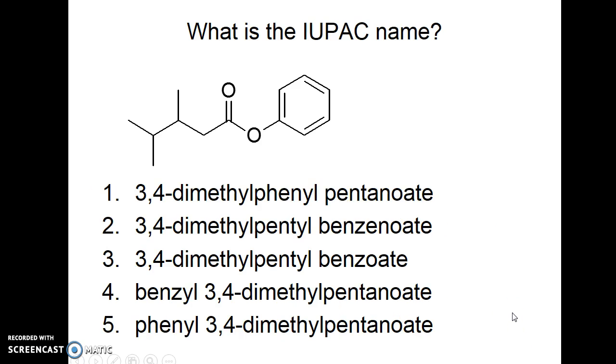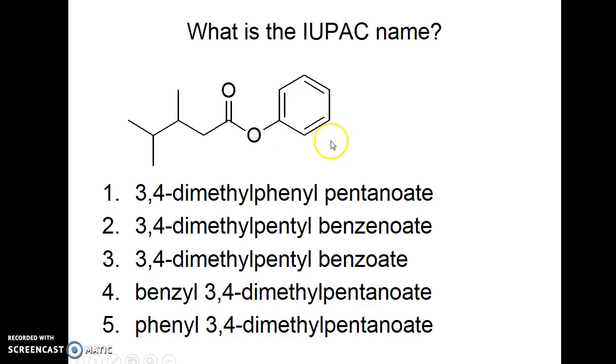What is the IUPAC name for this compound? Well, this is an ester, so we look at the acid side first. 1, 2, 3, 4, 5. That's going to be pentanoate. But we've got some methyl groups on there. So this is going to be 3,4-dimethyl pentanoate.